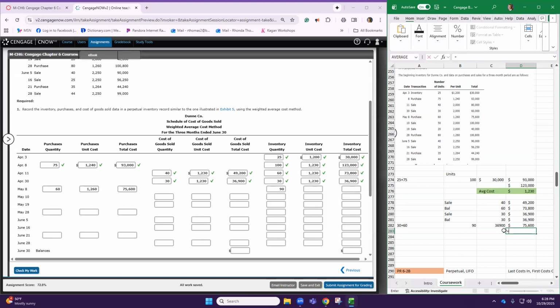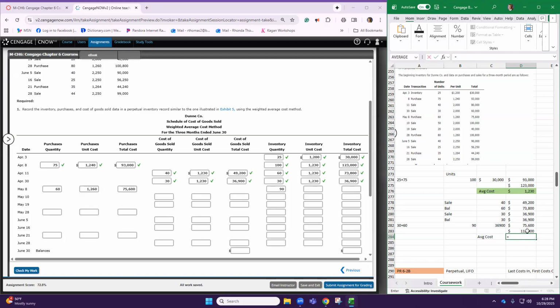Here is the total of both of these. And then here's the new average cost. We've got a new average cost because we just made another purchase.